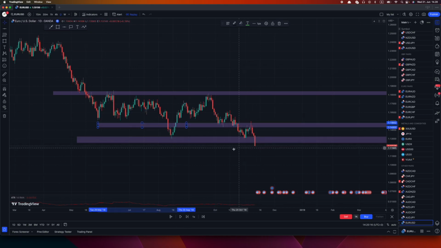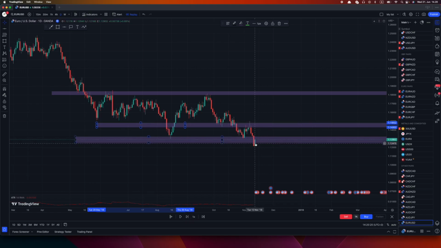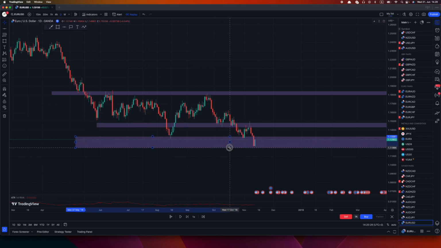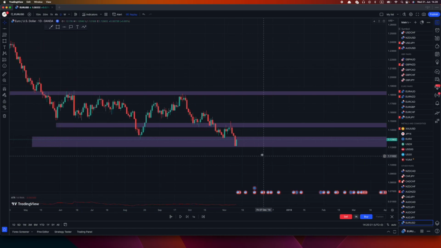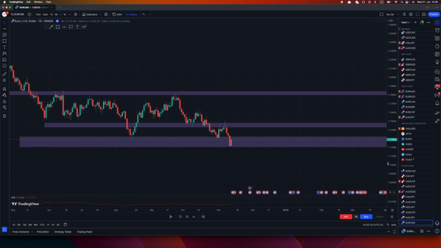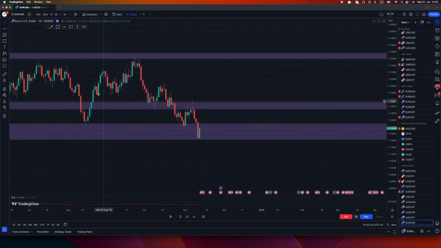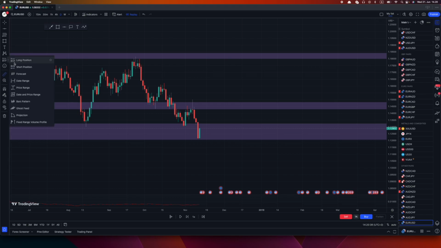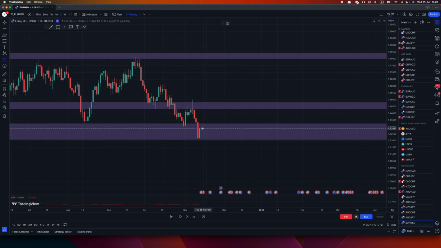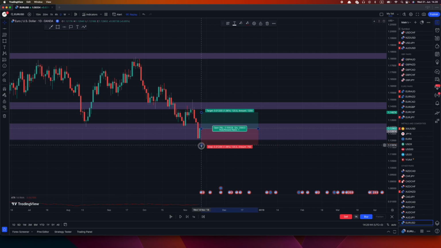So in this case, price dropped below the zone and closed below. Let's see the next candle, and that closed bullish. So I'm going to adjust the zone, make it a little bit bigger, and in that case I would enter a buy on the next candle with stop loss on the previous candle.